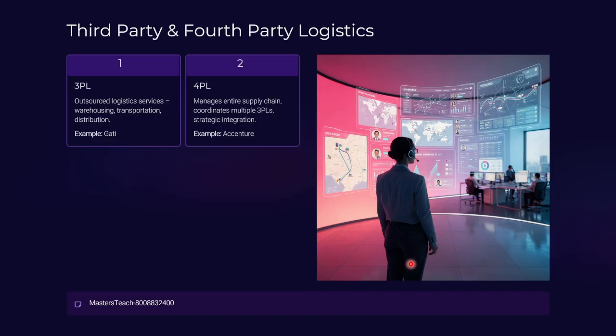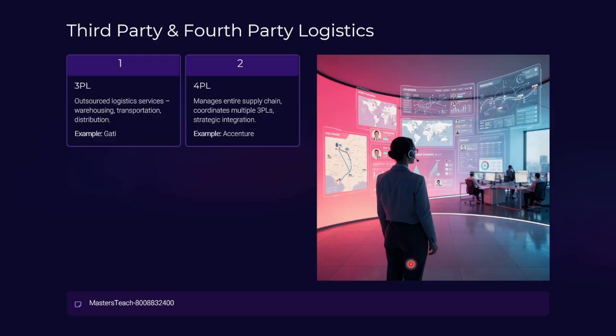Then third party and fourth party logistics. When logistics is outsourced to other logistics services like warehousing, transportation, distribution, these are called 3PL or third party logistics.